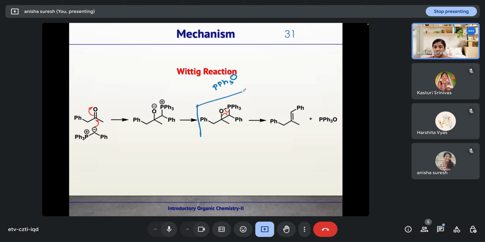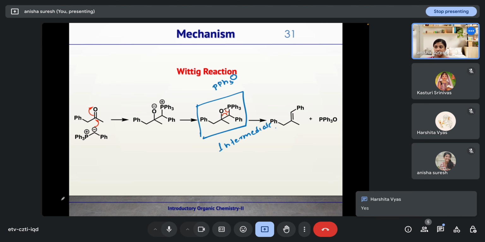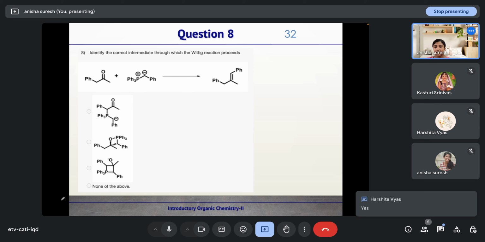So this is our intermediate. Clear mechanism? Okay. Option B will be the right answer.